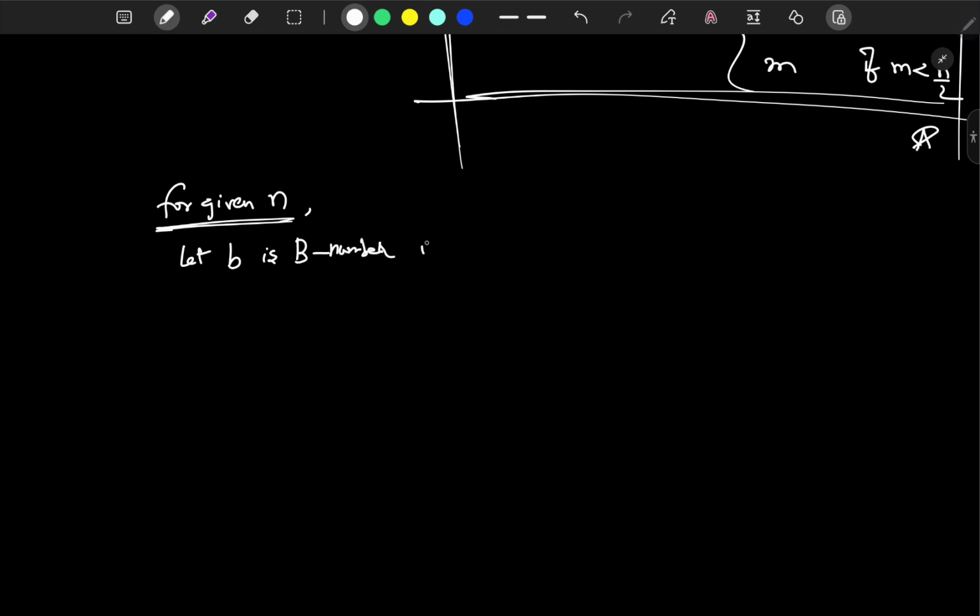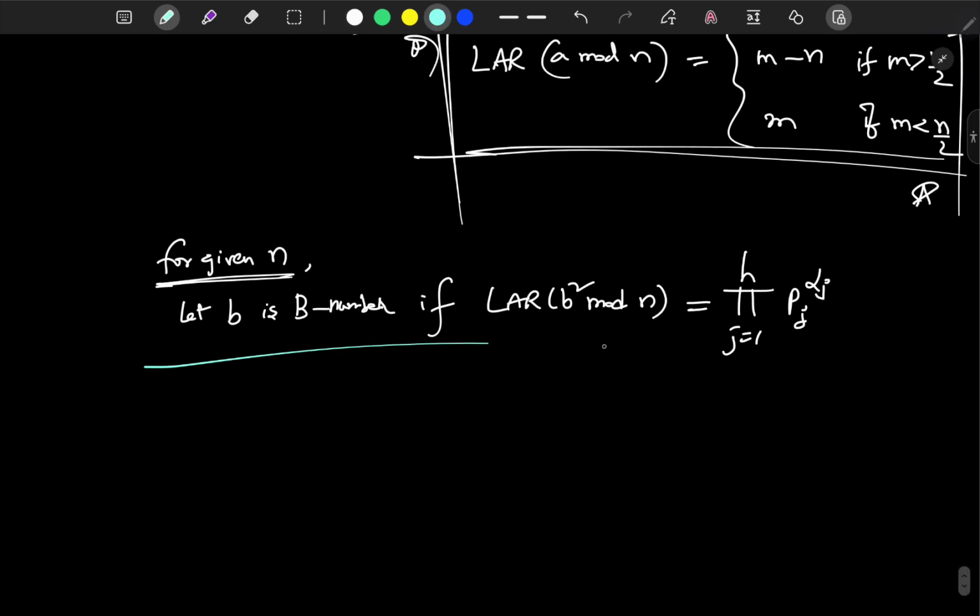What is the definition? If the LAR of b square mod n equals the product over j equals 1 of p_j to the power alpha_j, then b is called a B number.